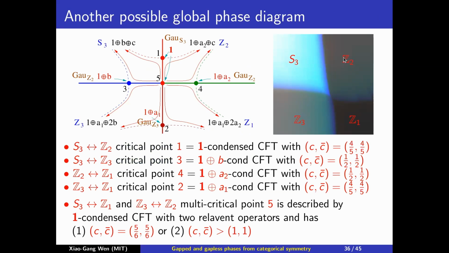You can see there's an anomaly because this Z2 and Z3 are not independent groups. They embed in S3 in a certain way. But I don't know whether one can describe it using anomaly or not. I didn't look into that direction. But certainly it's not just independent Z2 and Z3, because they embed into S3 in a non-trivial way.